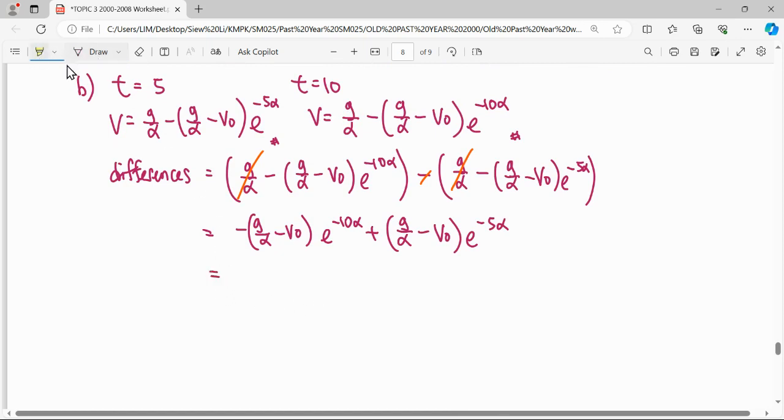So we can see we have a coefficient g over alpha minus v naught in both terms. This constant we can factorize out. When we factorize it out, the remaining will be negative e to the power of negative 10 alpha plus e to the power of negative 5 alpha.